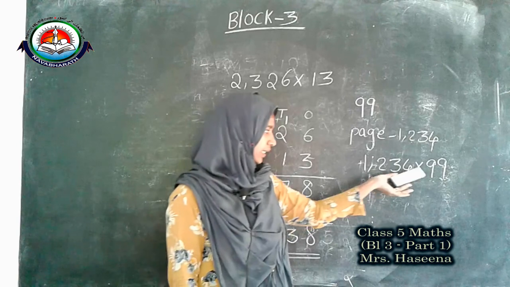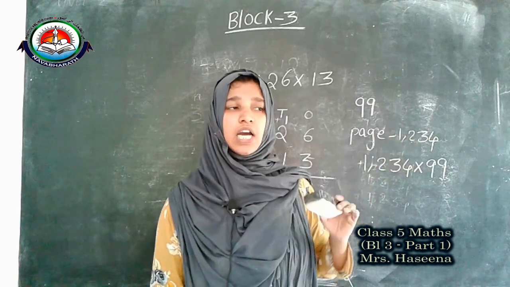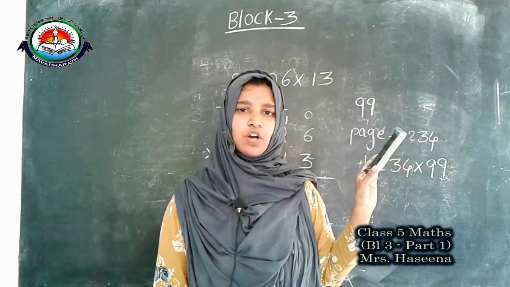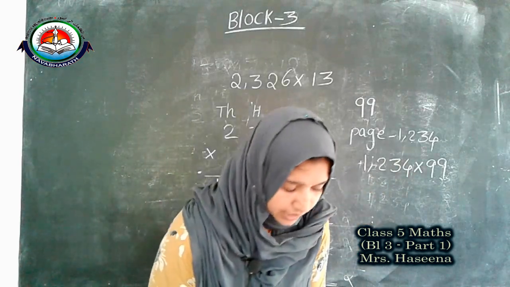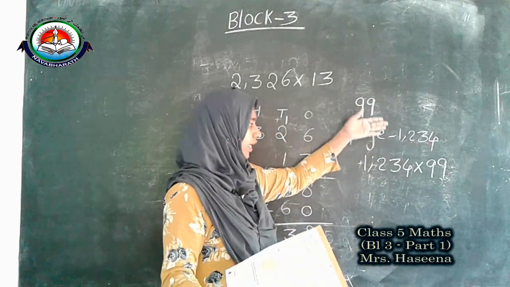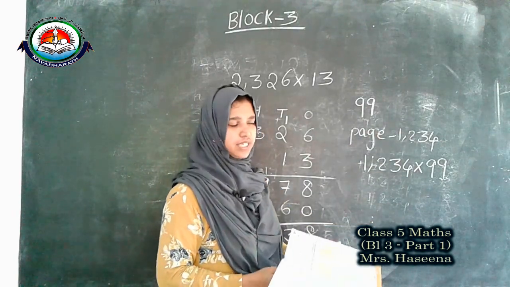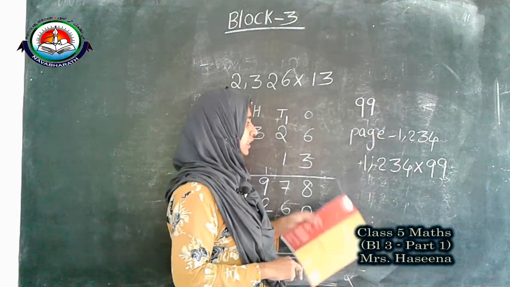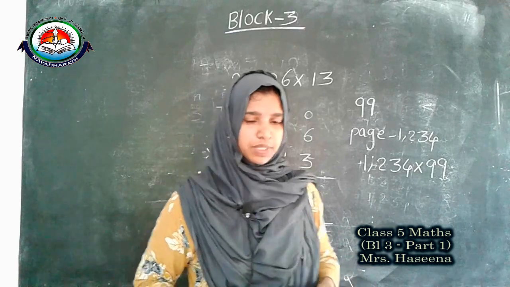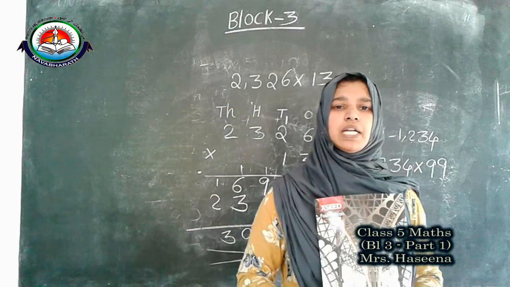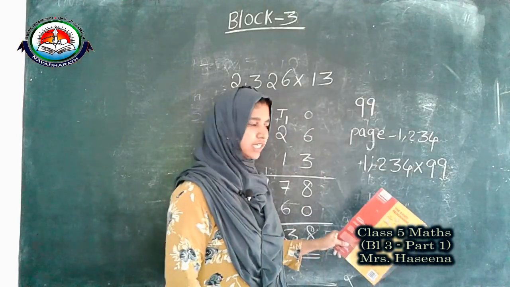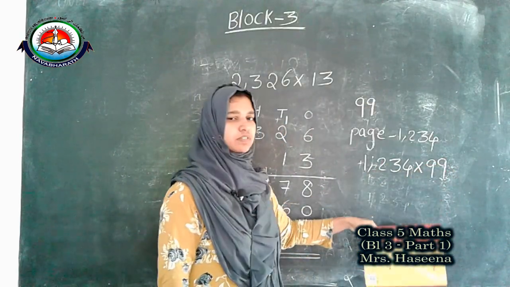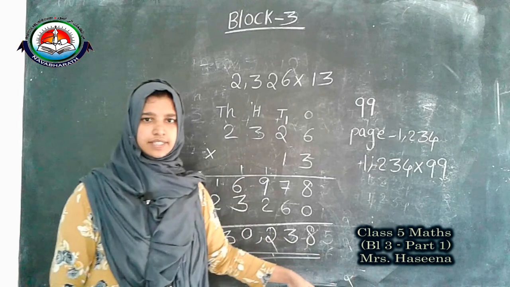If you multiply, you will get the total number of words. Understood? Otherwise, adding 99 times is very difficult. Multiplication means repeated addition. Within 2 steps we will get this answer.